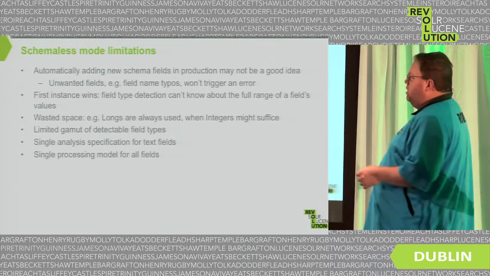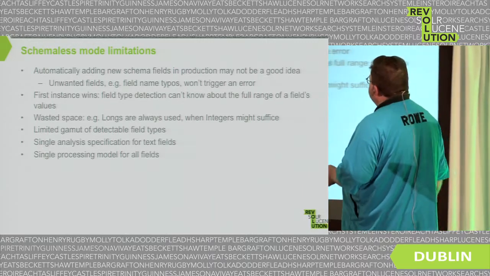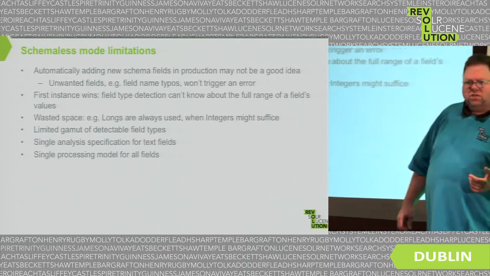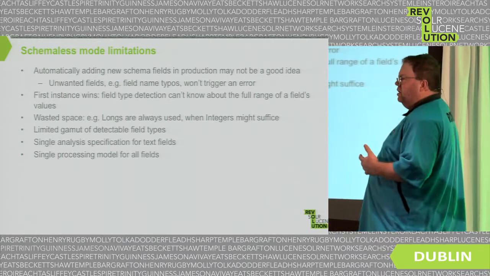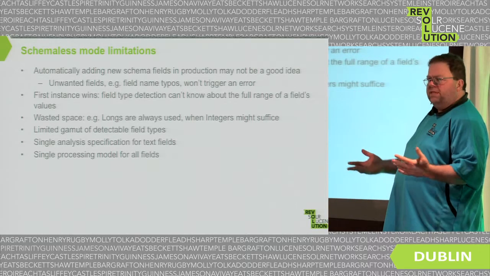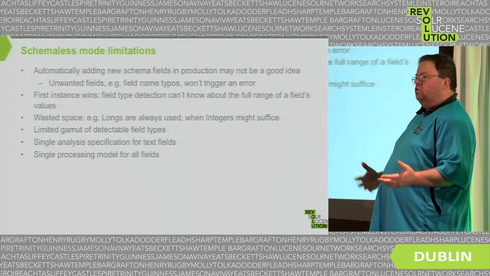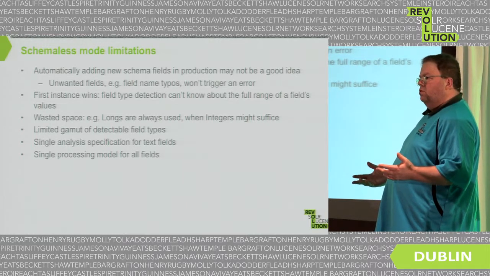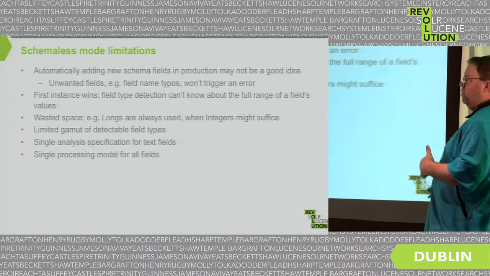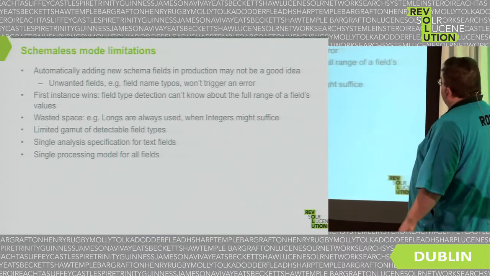So there are some limitations to this schemaless mode. Using this feature in production is probably not a terribly great idea. I think there might be some cases, for example, multi-tenancy, where the people who use your service don't know their document formats in advance, or you don't have a system for them to communicate to you what those are.